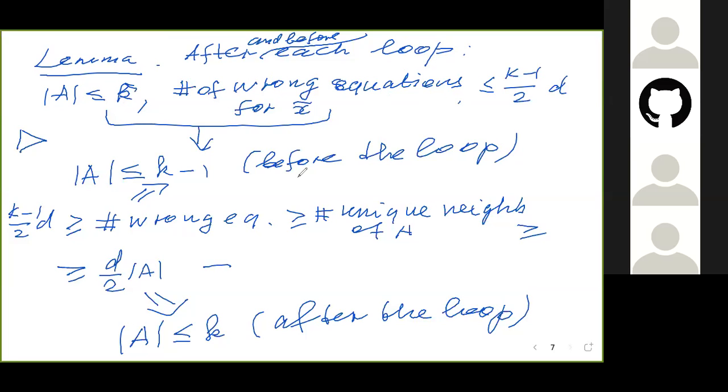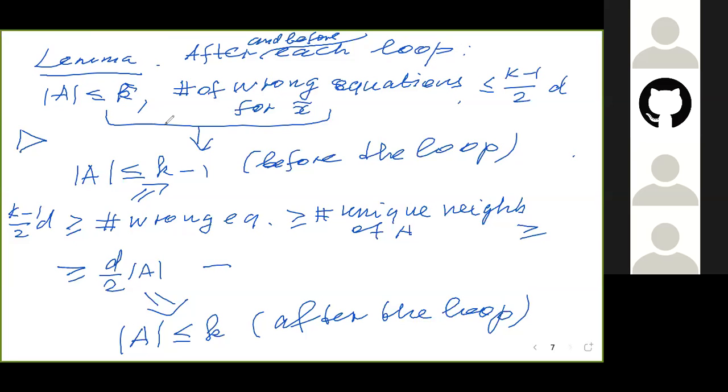And so by one of our lemmas, the requirement that the cardinality of A is at most K implies that there is a variable flipping which we decrease the number of wrong equations, and that means that our loop terminates after at most K over 2 steps, and we will obtain a certain tilde x for which the cardinality of A is at most K. So that means that the number of wrong positions is at most K.